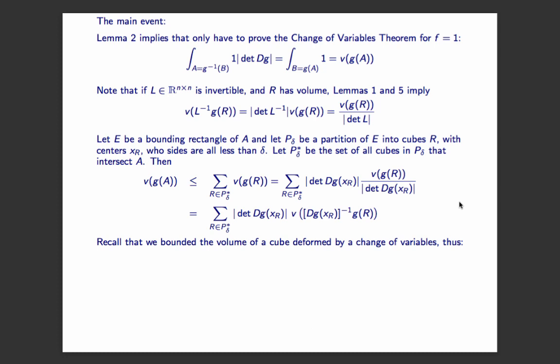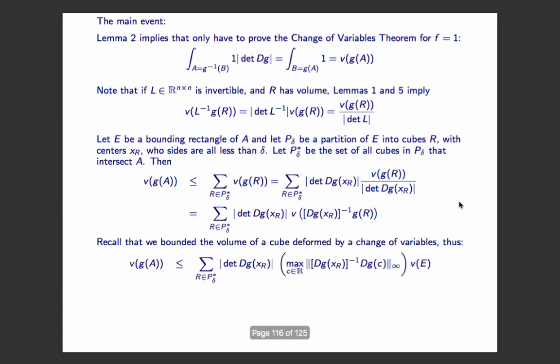Now recall that we bounded the volume of a cube deformed by a change of variables. And so let's use that result here. So the volume of g of A is less than or equal to the sum over all subrectangles in my partition that intersect A of the determinant of the derivative of g evaluated at the center points times the max value over c in my subrectangle.